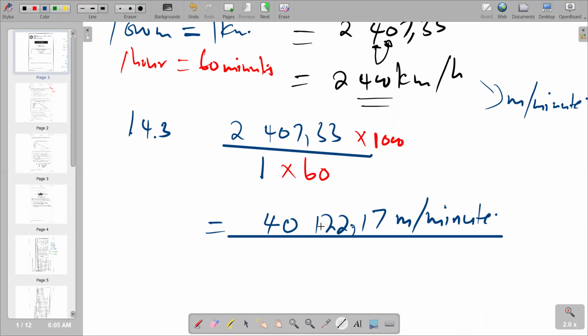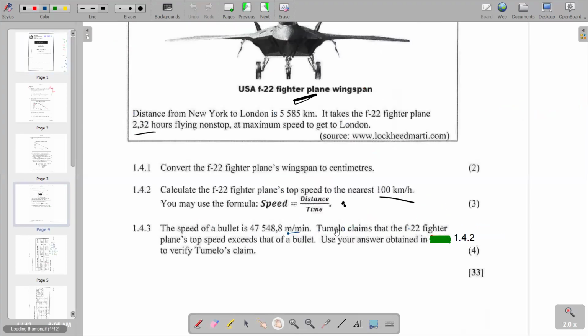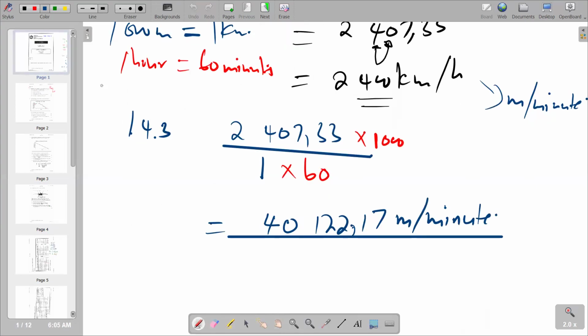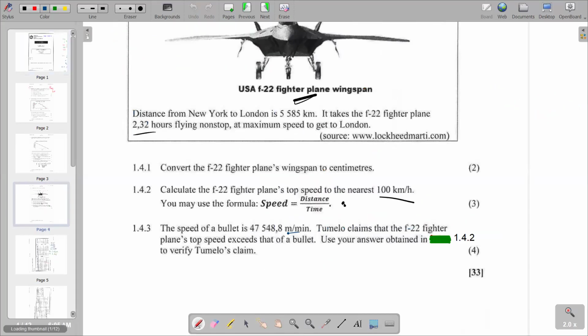So we are comparing this 40,122.17 meters per minute with the answer that we are given here, which is 47,548.8 meters per minute.